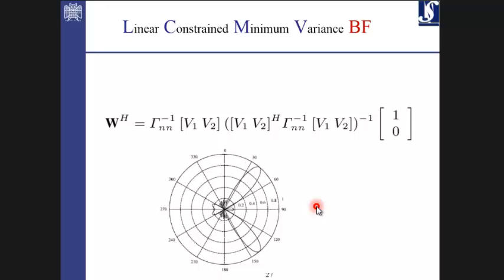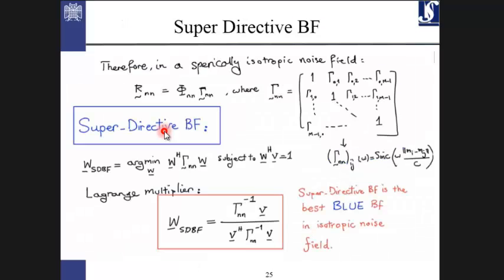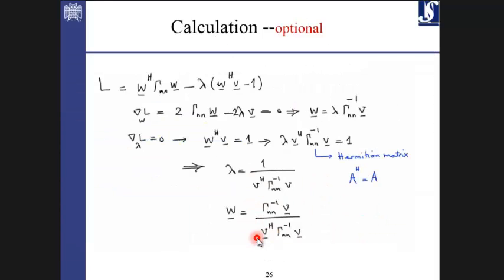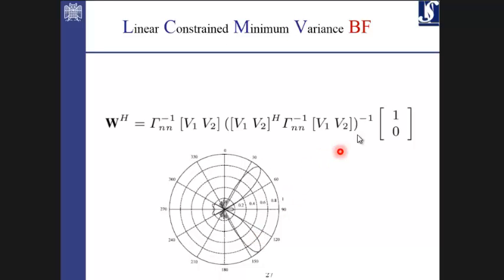So you see that this solution is exactly the same as what we had here. So this W, just look at this one, and instead of 1 over this term, make it an inverse. Then you see that this term inverse is just the denominator. But it's the generalized version of a SuperDirective beamformer.